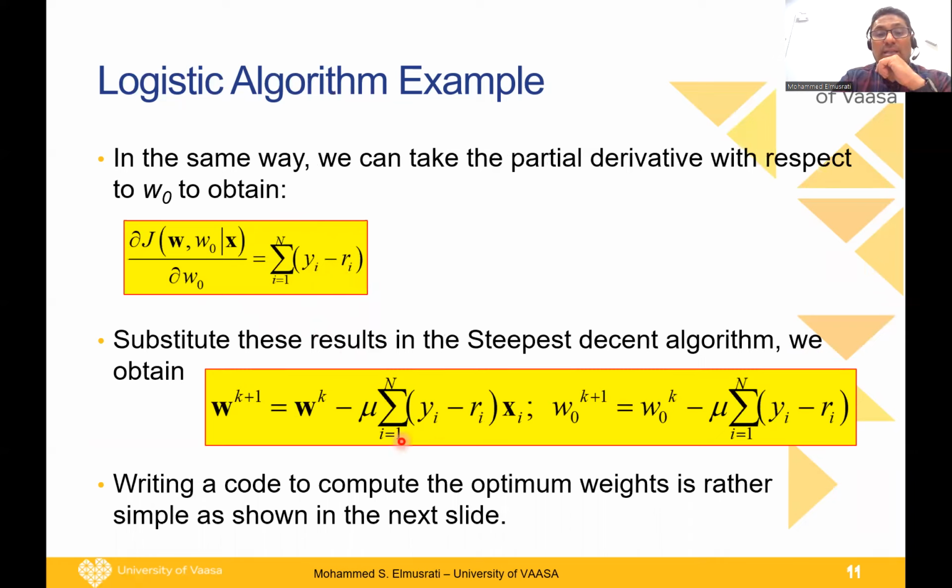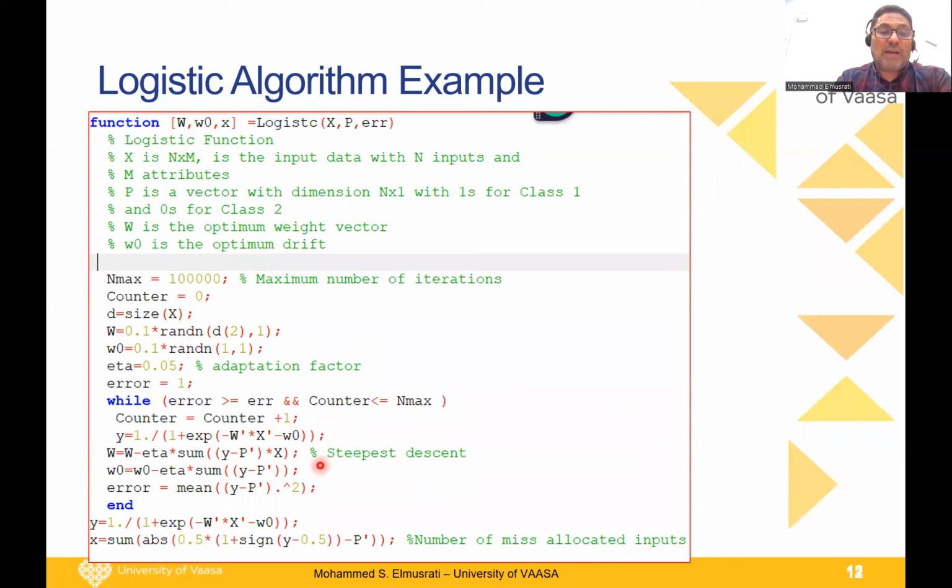And now we finally have the adaptation weights for the logistic algorithm. This adaptation can be easily implemented using any programming code. I did it for Octave or MATLAB, and this is the whole code to compute it. The code will be available in Moodle if you want to try it, but you can also use ready functions for logistic optimization.